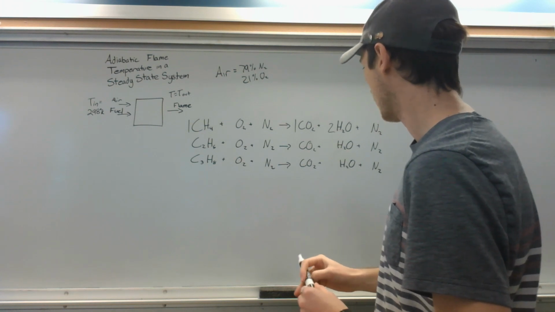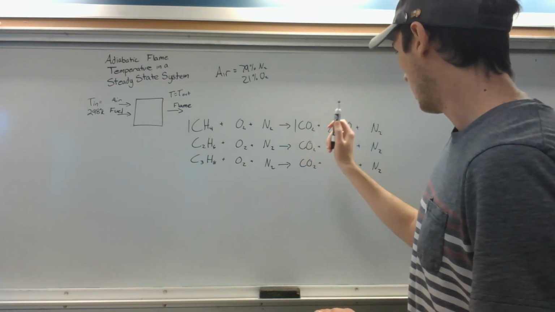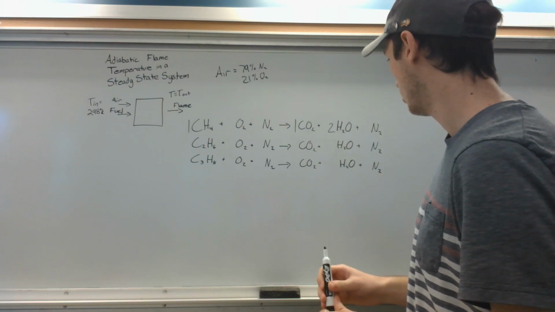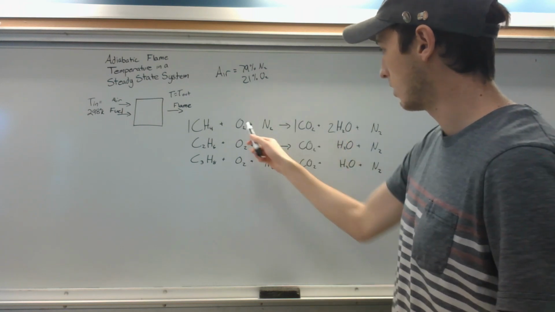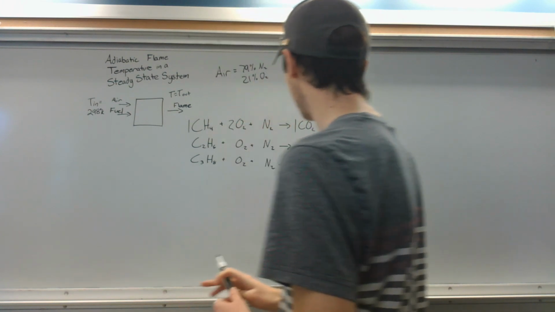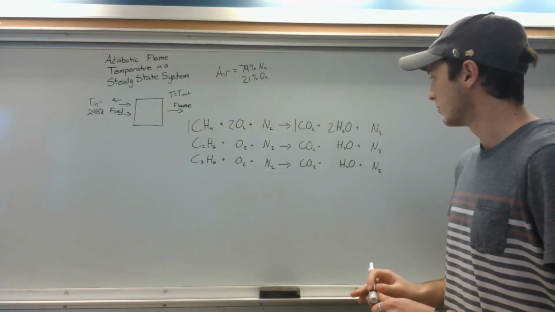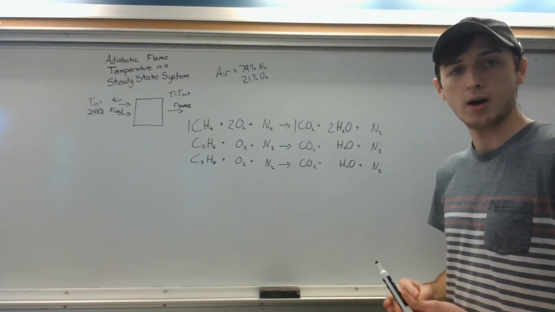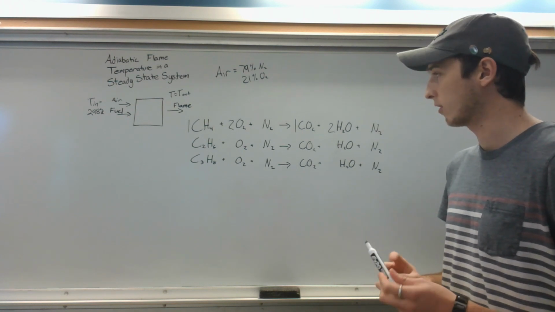Then I can see we have 2 plus 2 is 4 oxygens and only 2 oxygens on this side, so we're going to need to have 2 of those. So what you can see here is a balanced equation other than accounting for nitrogen.